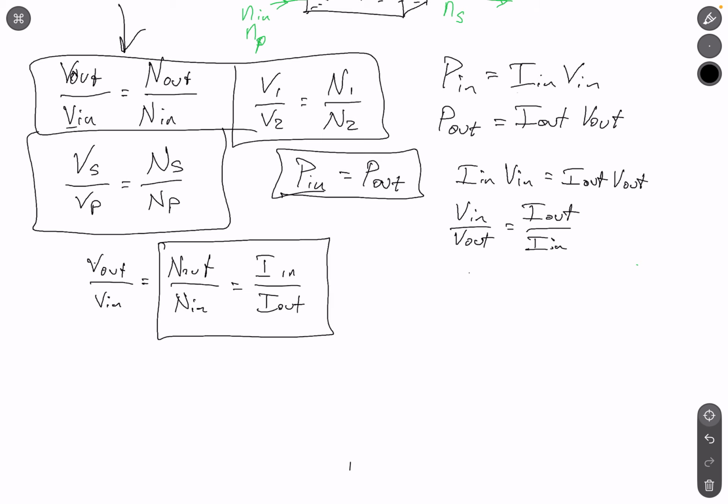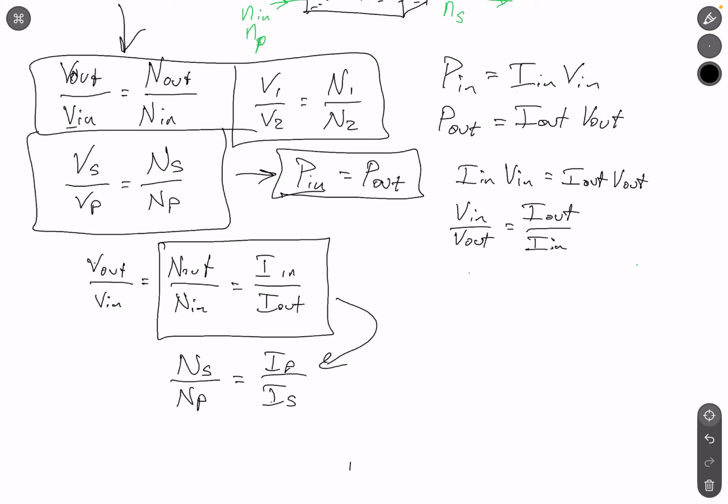And this is what I was trying to get you guys to see. Whether you call it in and out or secondary and primary, however you want, you can just rewrite it as secondary, primary, I primary, I secondary. These are equivalent things. 1 and 2, all those, you can just switch them and mix them up. But that's the I equation, and we get that because the power going in is the power going out.